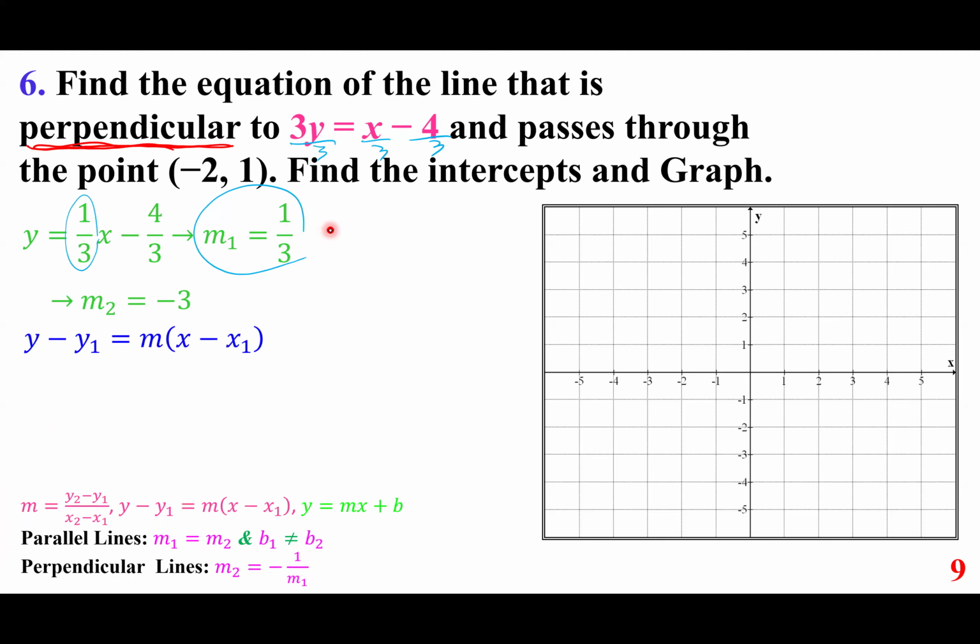Again, y minus y1 equals m times x minus x1. And we are going to plug in the pair into this. So y minus 1 equals m, negative 3, times x minus negative 2, which makes it x plus 2.